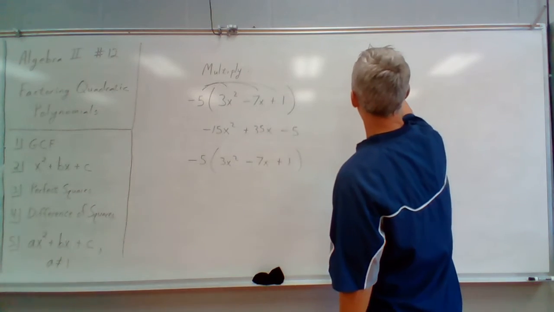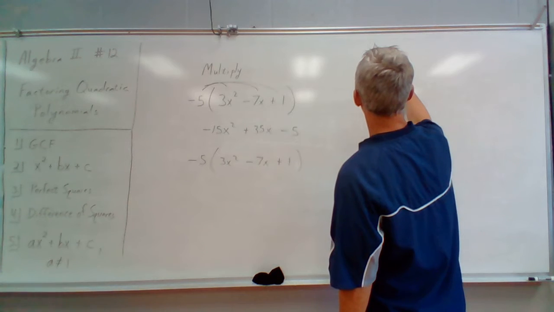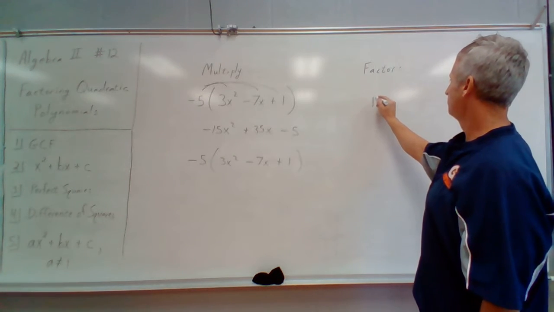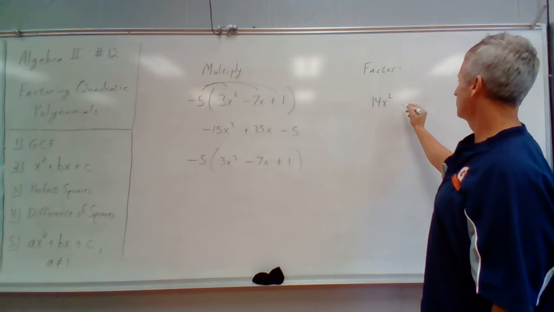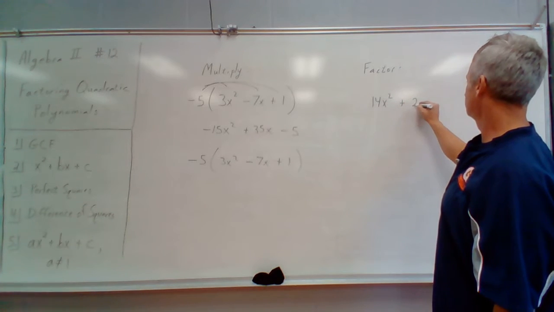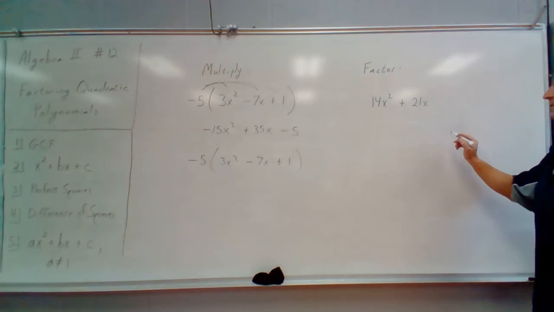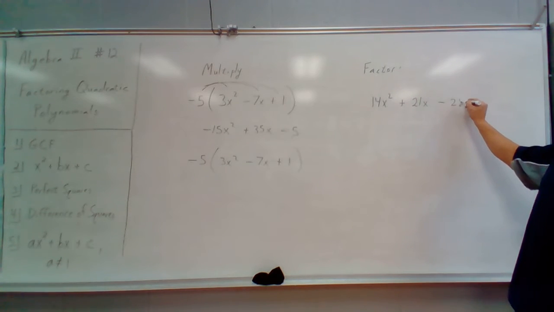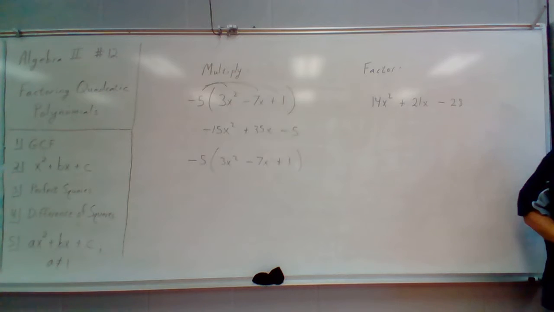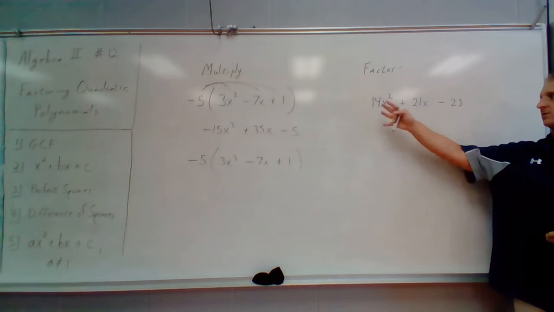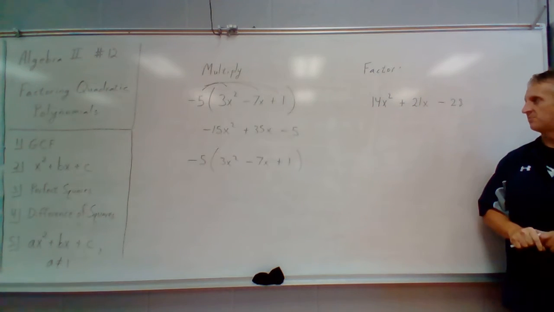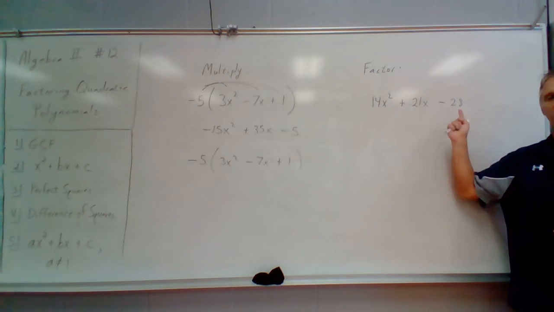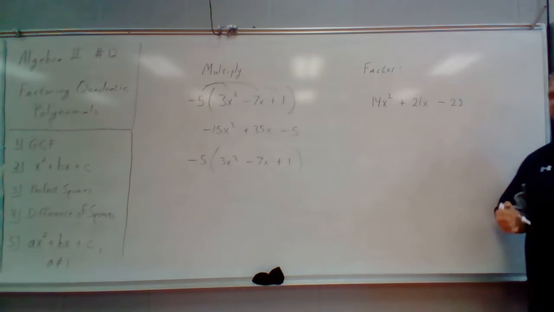So let's try one. I want to factor, let's say, 14x squared plus 21x minus 28. I can look at that and try to find the greatest common factor. Is there a number that will go into 14, 21, and 28? Well, 7 will.